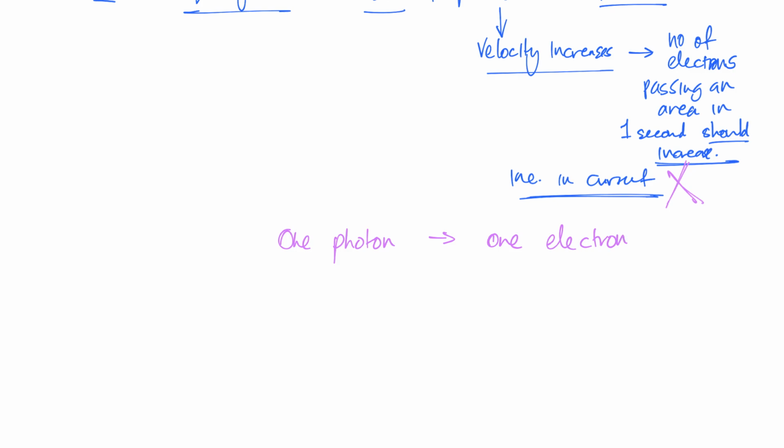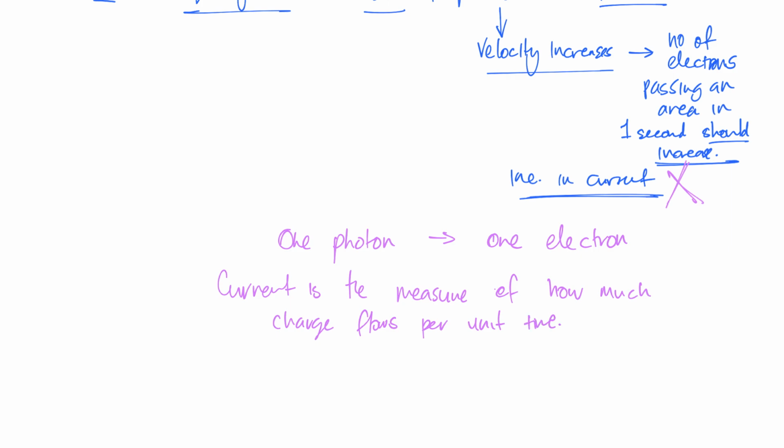So current is the measure of how much charge flows per unit time.